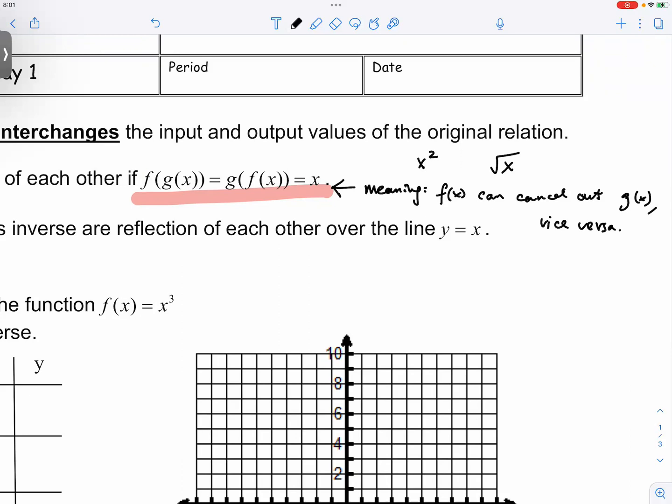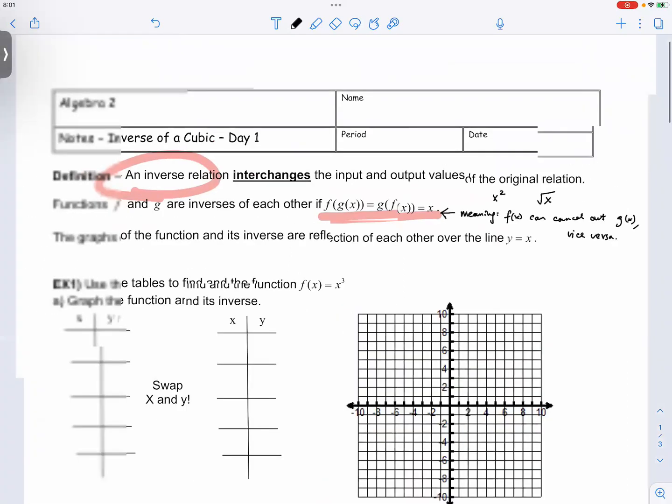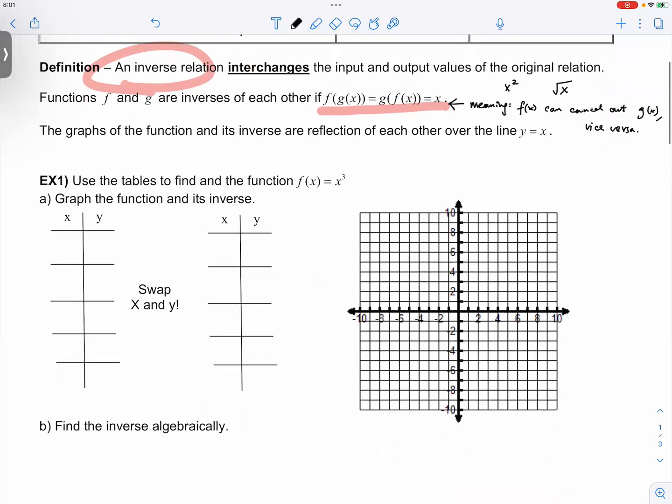You can do it the other way around. So that's exactly what it means. f of x can cancel out g of x. If you can do that, what's left at the end? Just x.